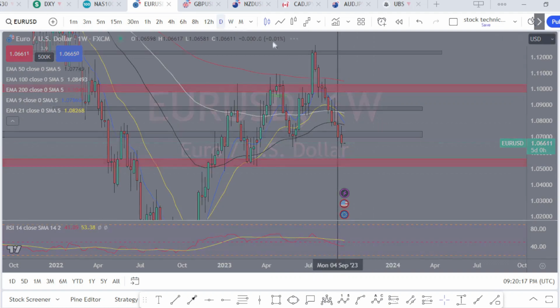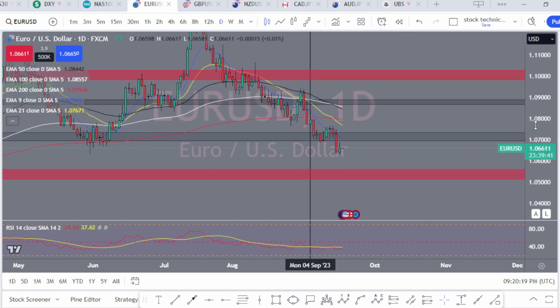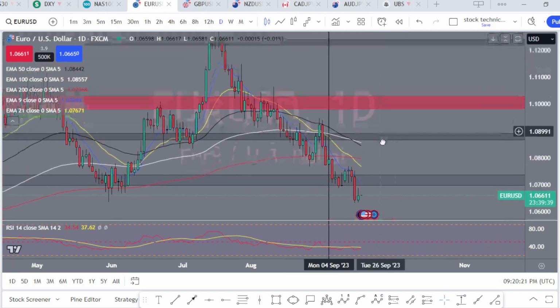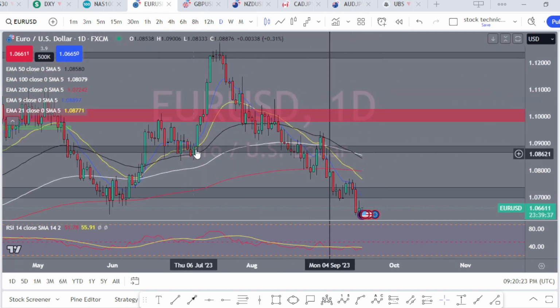So let's go to the daily time frame. The daily time frame tells us the market is still making, see, this is the lower low, and this is the higher low. This is the higher high. As you can see, the market has given us a lower low already, a lower high, and it has come down for a lower low again.